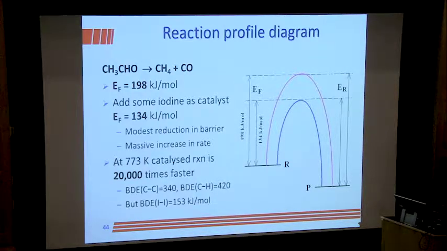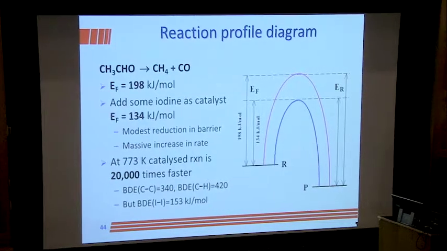Okay, if we add some iodine as a catalyst, though, the activation energy drops by 64 kilojoules per mole to 134. Okay, so it's a modest reduction in the barrier. You know, it drops to there, but actually there's a massive increase in rate. So the rate increases by 20,000 times.